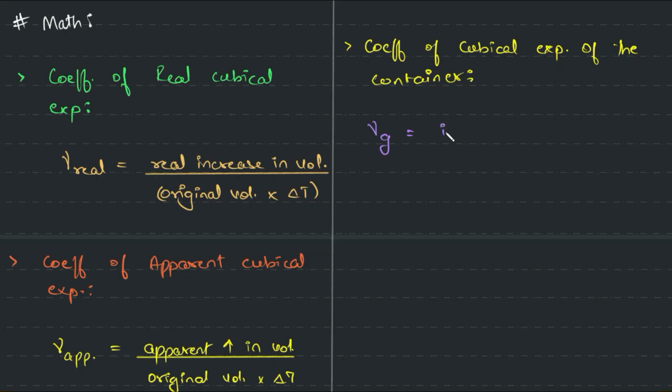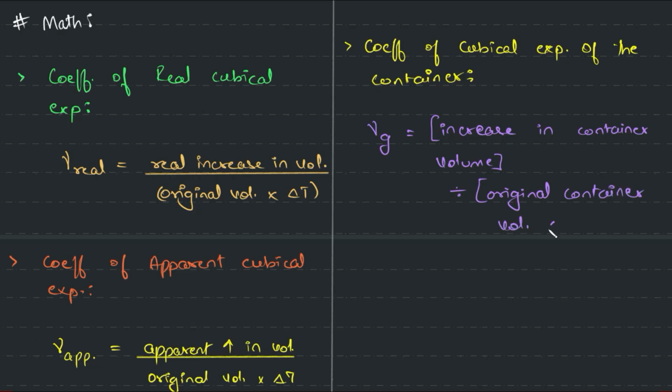So we have the increase in container volume divided by the original container volume times the change in temperature.